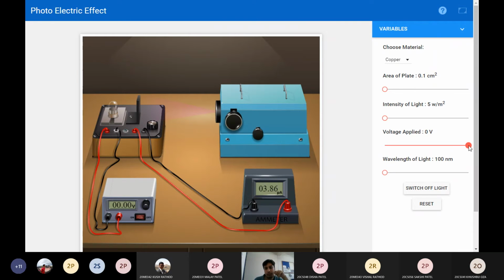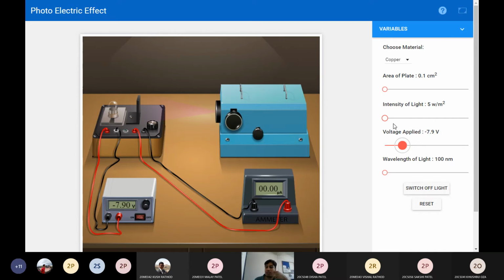For that we need to change the potential difference, the applied voltage. As I change it, the current will go toward 0. So for copper at 100 nanometer, we can calculate the value of V0 or Vs.